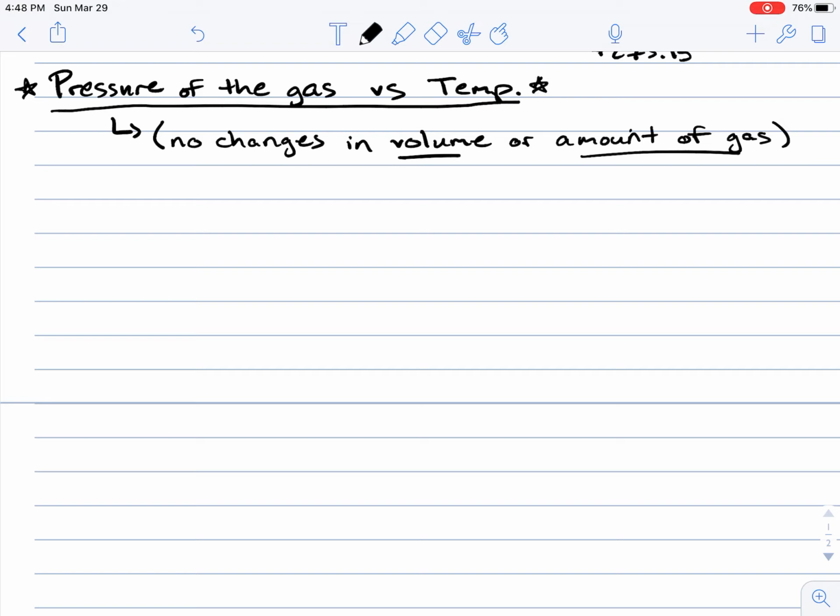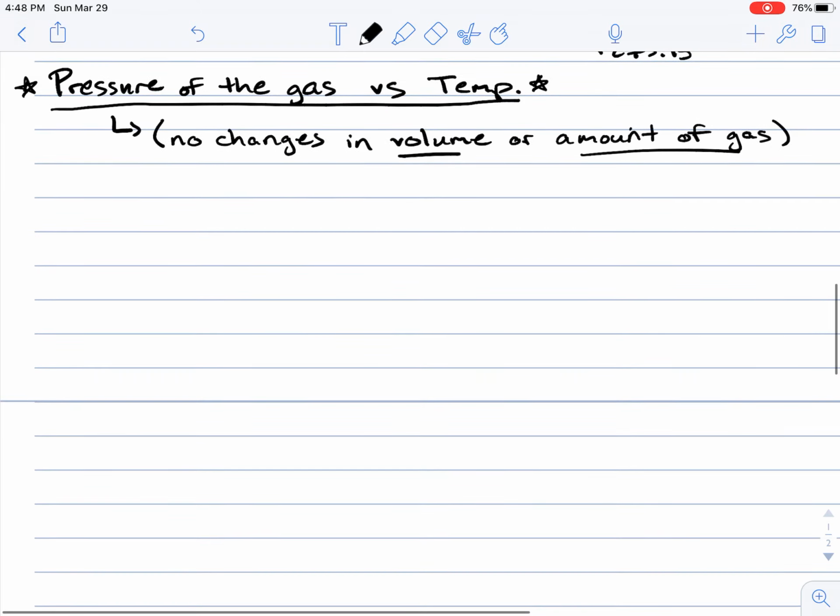If we look at a specific example, we can understand the relationship between the two. So let's just say that we have some type of container, and since volume is held constant, this is not going to be a balloon, nor is it going to be a movable piston.